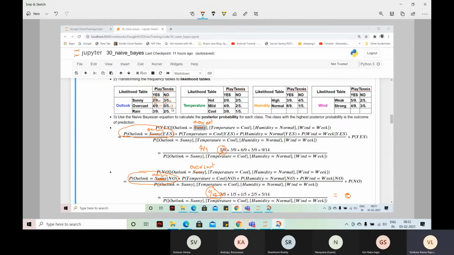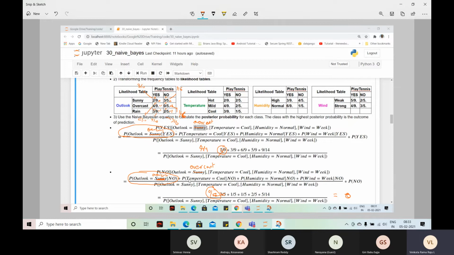Is that correct? No. But statistics is all about approximation. So these probabilities will become, if you apply Laplacian correction, 3/10, 3/10, this becomes 4/6, this becomes 5/10, this becomes 1/5, this becomes 4/10, this becomes 3/10, 3/6, 1/6.